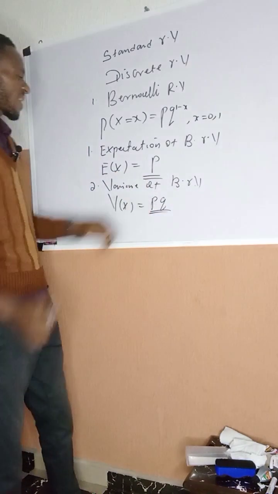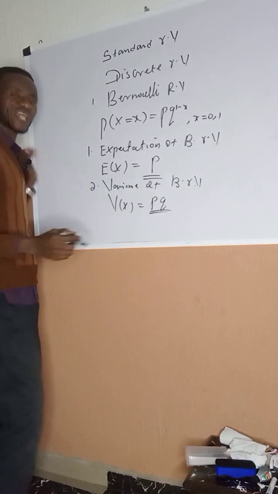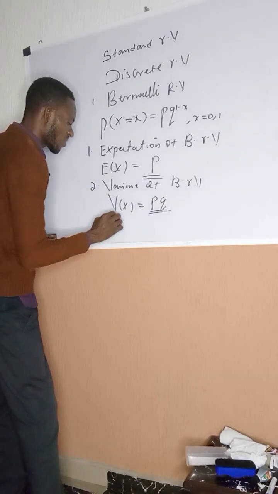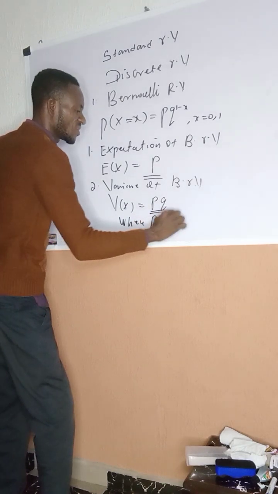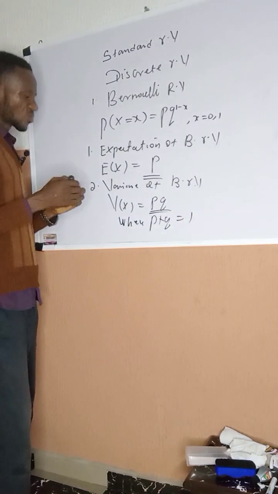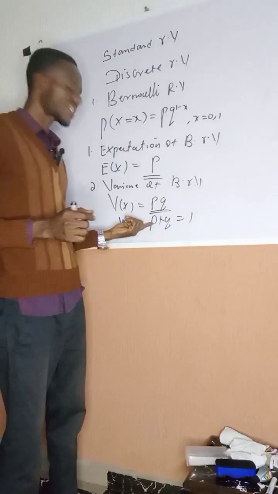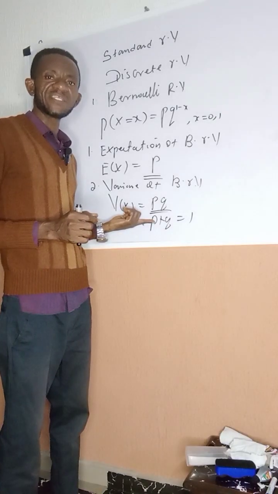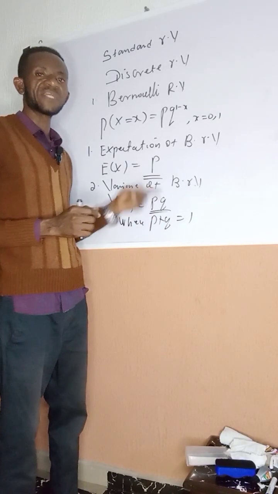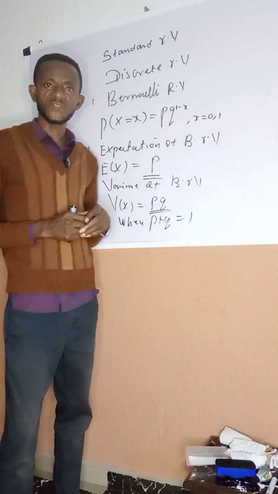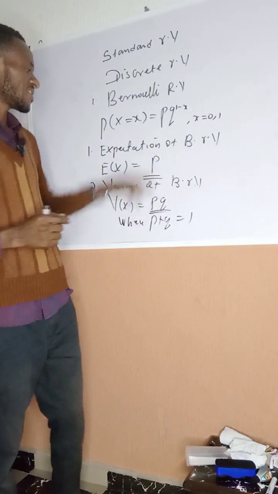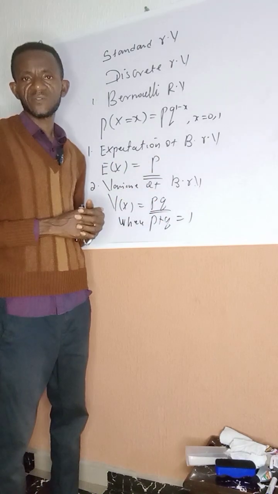And do remember that there is a condition between this p and q. We say where p plus q equals 1. So when they give you the probability of success of that trial in the Bernoulli random variable to be a particular number, you can easily find the probability of failure and be able to answer these questions.